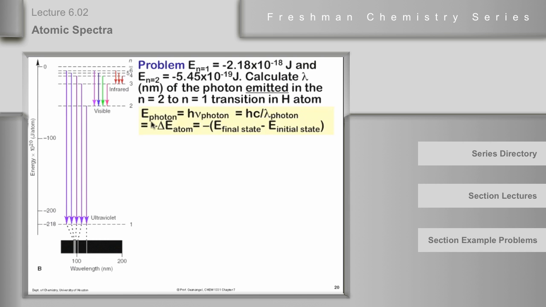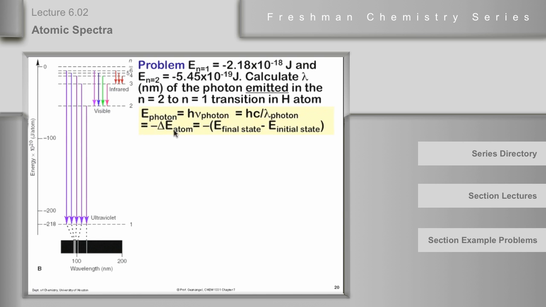So if we look at this, E of the photon is equal to h nu is equal to hc over lambda. We saw that before. And since this is an emission, that is to say, the electron is moving downward, n equal to 2 to n equal to 1, that causes energy to be emitted. So we call it an emission spectrum. In emission spectra, E of the photon is equal to minus delta E of the atom.